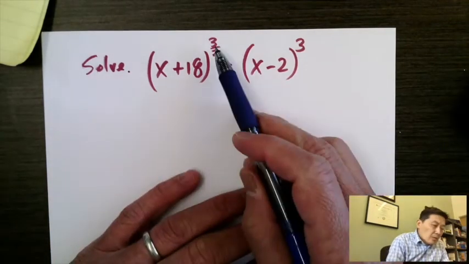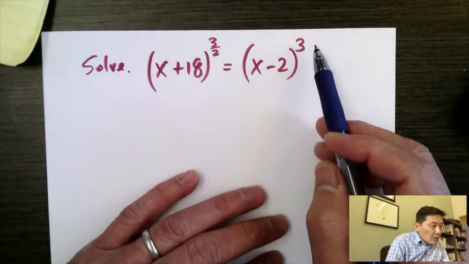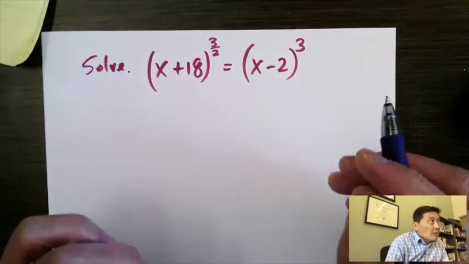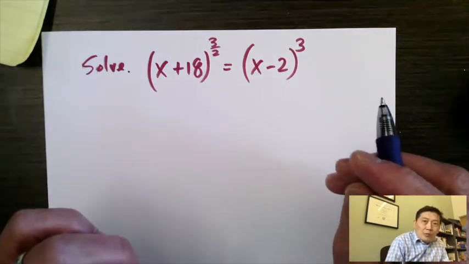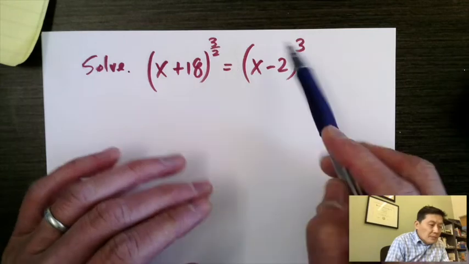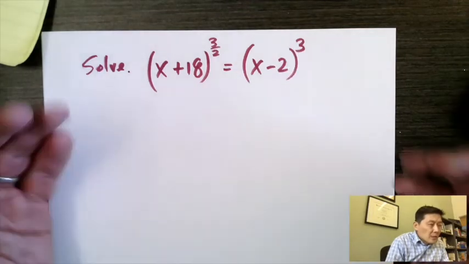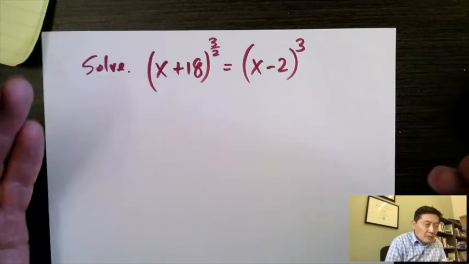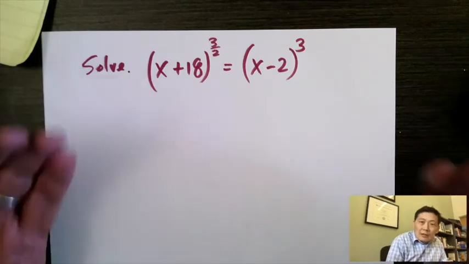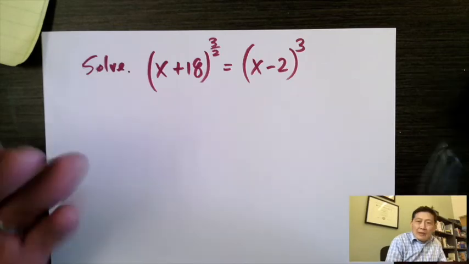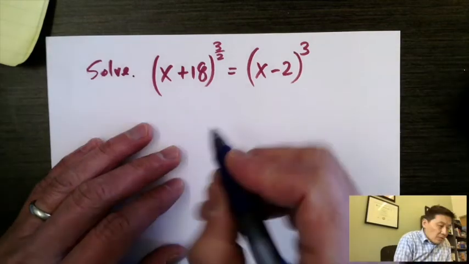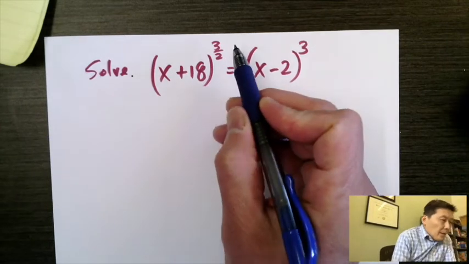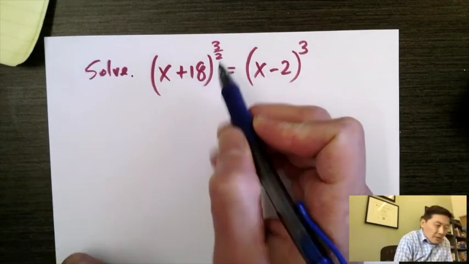So between the 3 half and the 3, if I were to apply a common factor to make sure that both the 3 half and the 3 become a whole number rather than a root, that's the number that I'm going to apply as the exponent. So in this case, let's take a look at this. What if I apply 2/3 on both sides? Let's take a look at this.